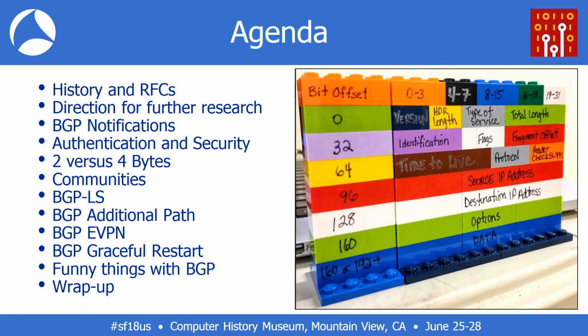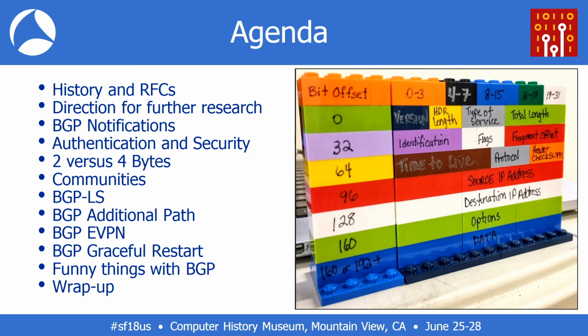With BGP, I give you some hints on how you can do further research, and I look into some BGP messages to see what's going on. Have a look at how BGP tells you when something is going wrong. Authentication and security also a little bit. Then in BGP, they changed the autonomous system numbers from 2 bytes to 4 bytes. When one system works with 4 bytes and the other with 2 bytes, how can they interact, and what happens then?